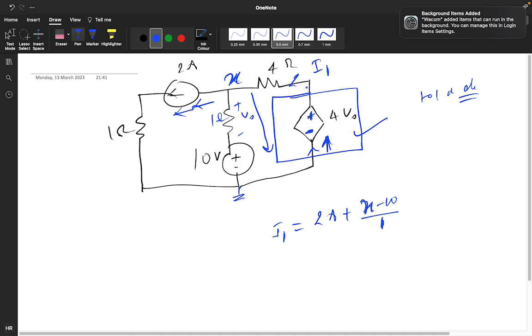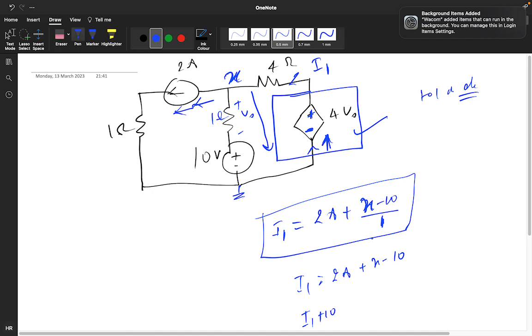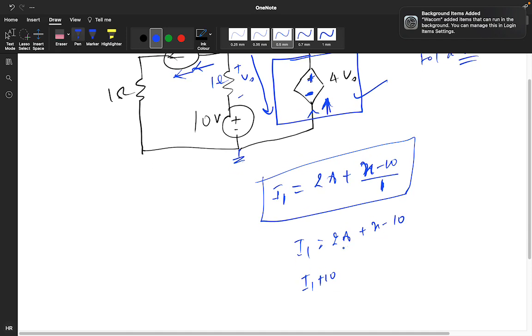You can do one thing also. You got I1 equals 2 ampere plus x minus 10. So what will be the value of x? I1 plus 10 minus 2 is equal to x.